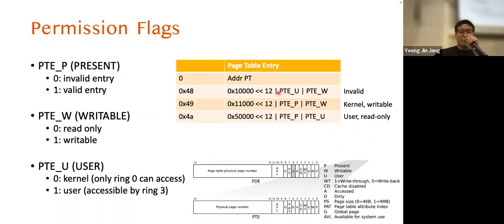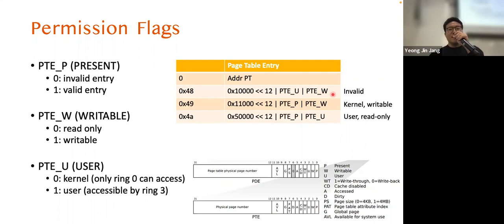In the lower 12 bits, we can store these kinds of flags. I put some example flags like this. If you read this one, it has a physical page number 10000, and it has flags PTU and PTW. What that means is that it's readable for the user, but writable for everybody.